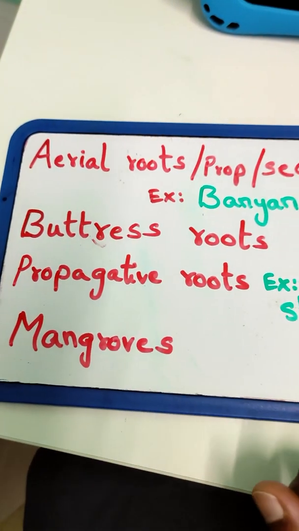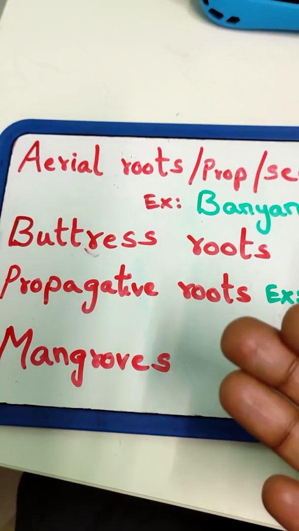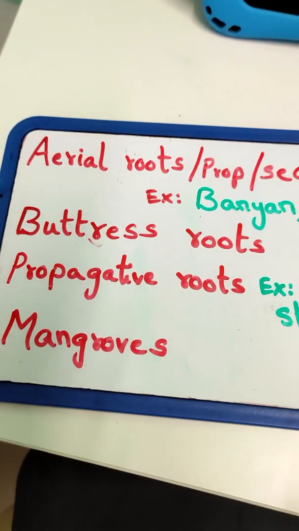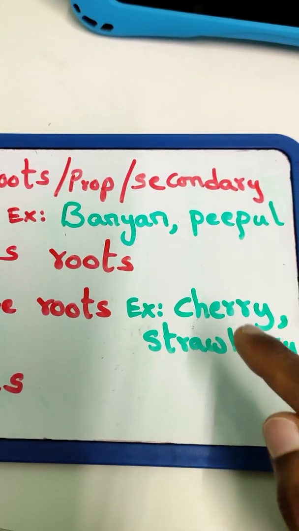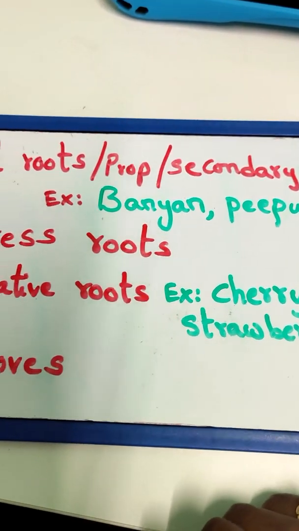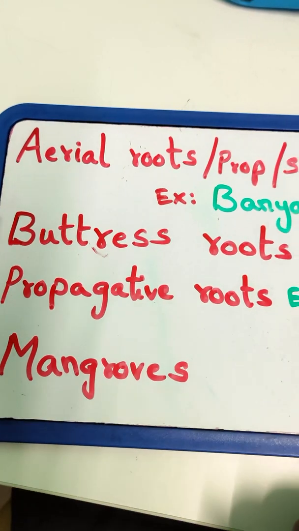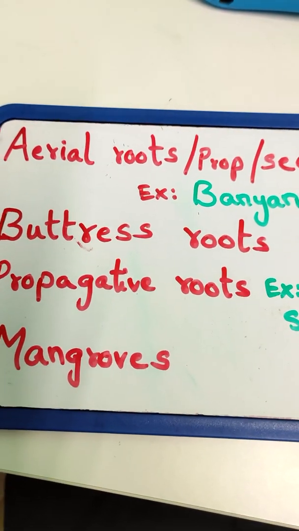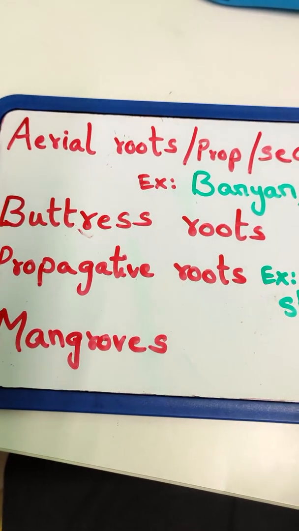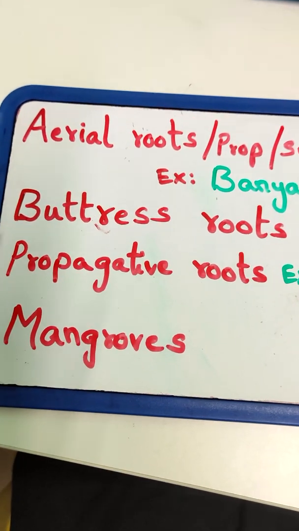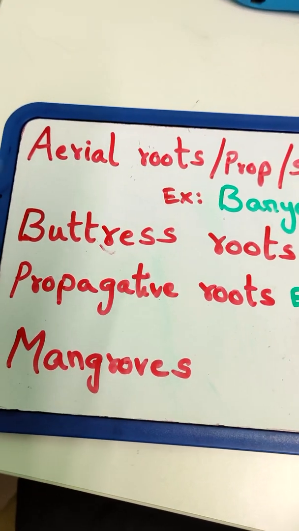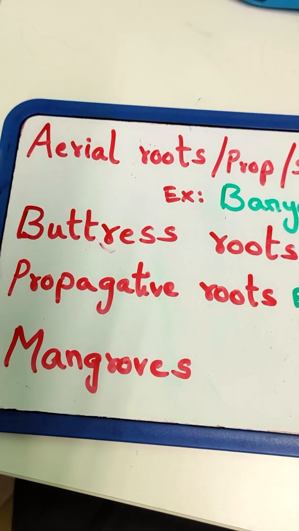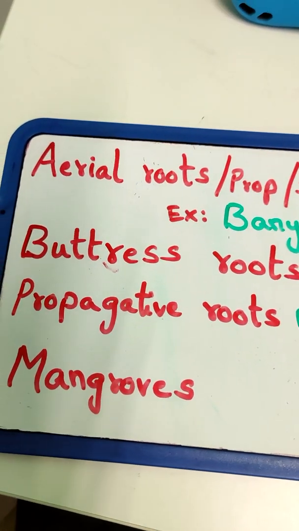Next is propagative roots. These help the plants to make more plants like themselves, and examples are cherry trees and strawberry plants. Next is mangroves. The roots of the mangrove trees are submerged under the water, and from there they support the plant to stand straight, and they also help the trees to breathe.